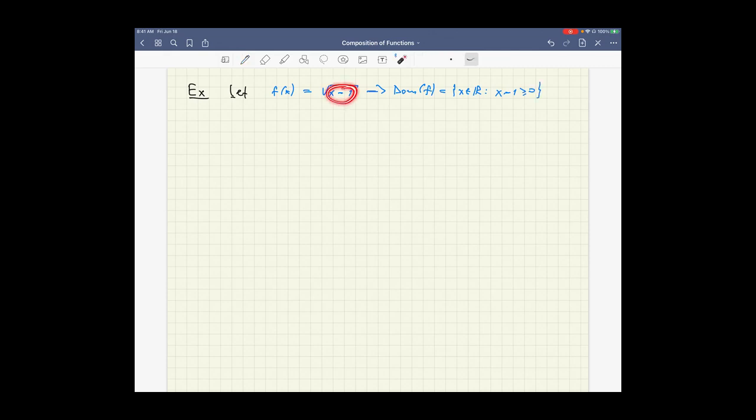The expression under the square root has to be non-negative, which of course is the interval [1, infinity). And let g of x be the function 1 over x squared. The domain of g is the entire real line minus 0, which is the union of open intervals (negative infinity, 0) and (0, positive infinity).